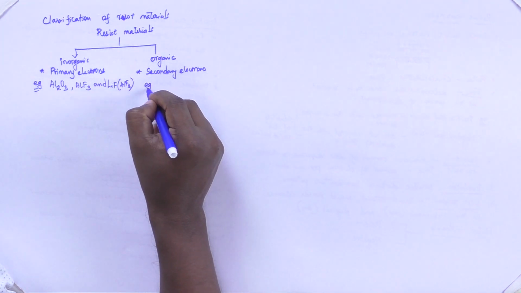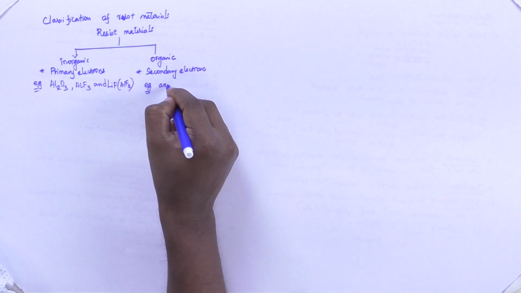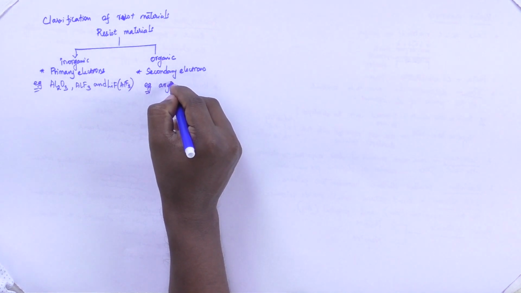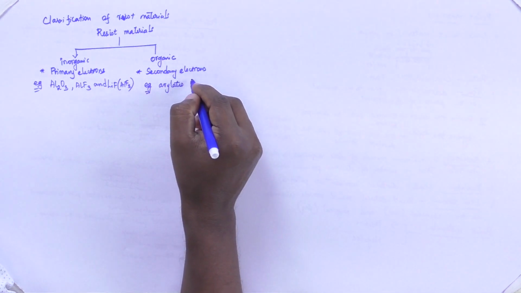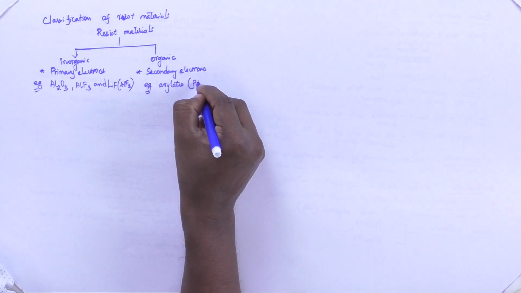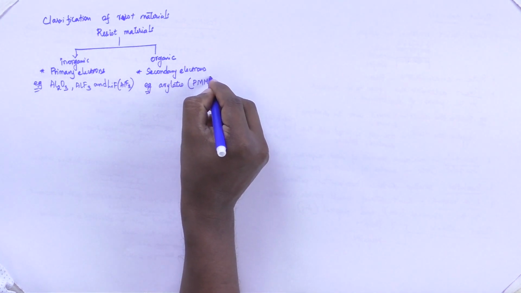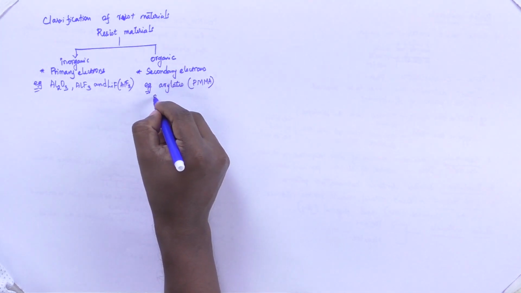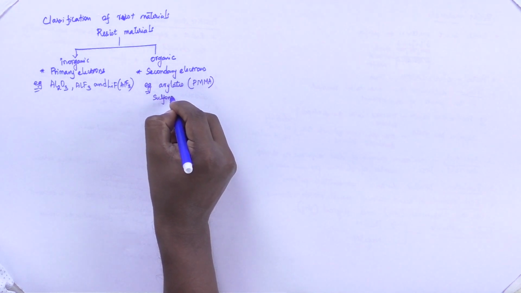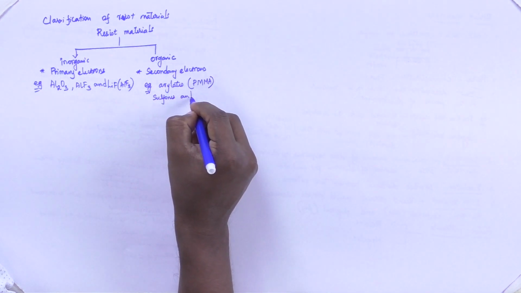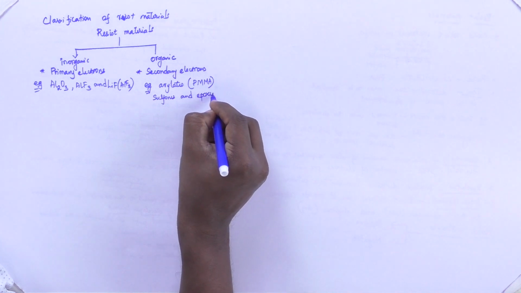In the case of organic, we have acrylates. Examples are PMMA, and then sulfones and epoxies.